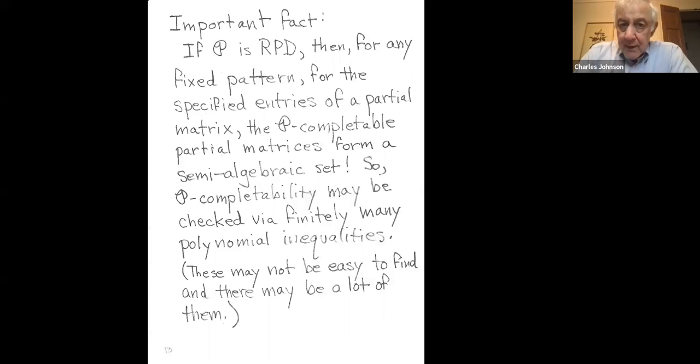If P is an RPD property, real polynomially describable, then for any fixed pattern, you specify the pattern in advance for specified entries, then the P-completable partial matrices form themselves a semi-algebraic set in the lower dimensional space in which we're working, namely the space in which I have a variable for each of the specified entries and not for the unspecified entries, okay?